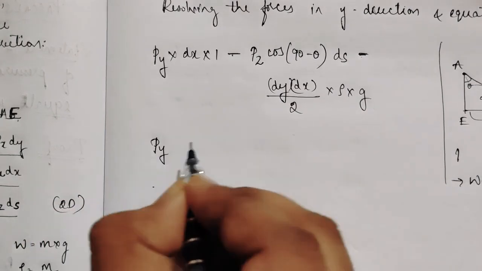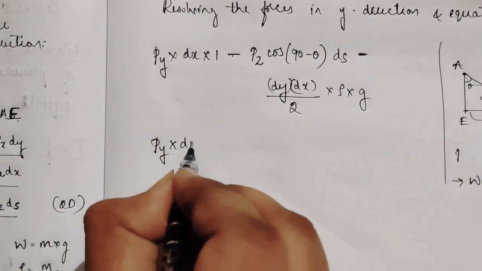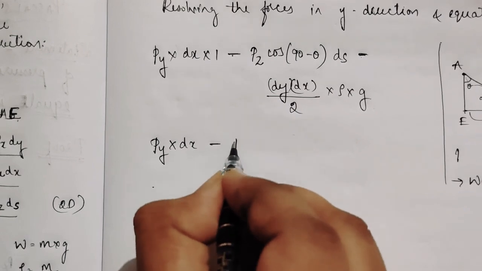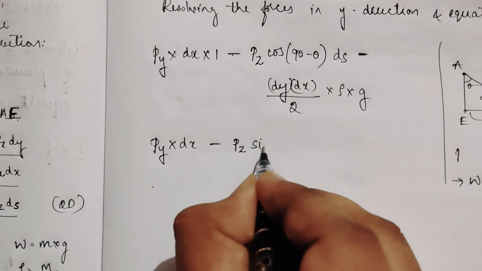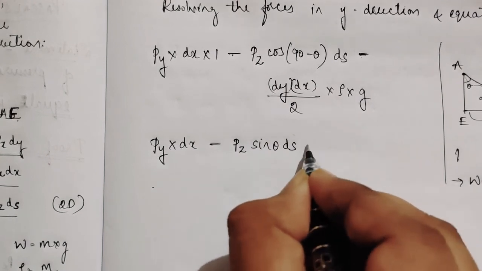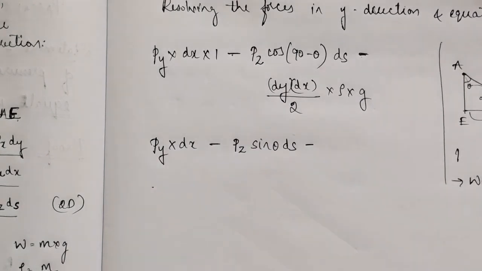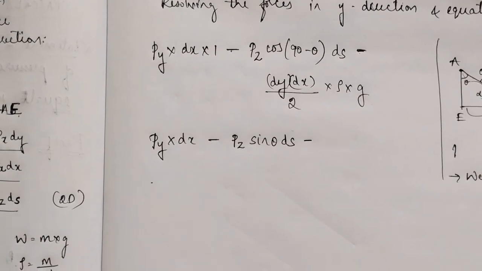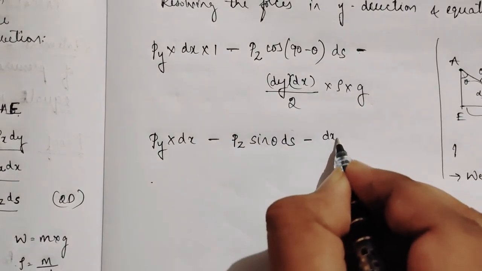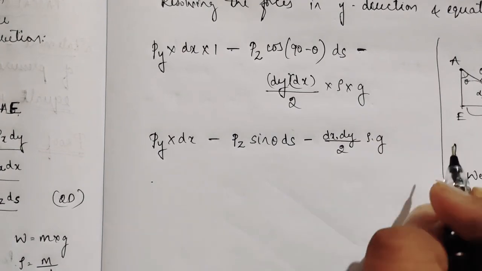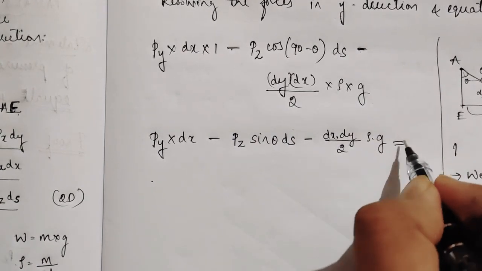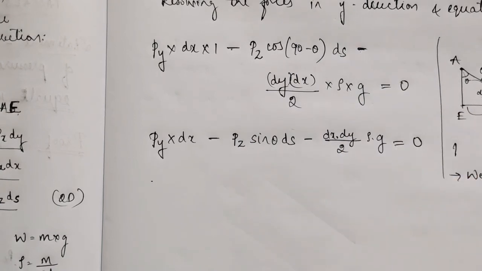So py into dx minus pz into cos(90 minus theta), which is nothing but sin theta, into ds minus dx into dy by 2 rho into g is equal to 0.